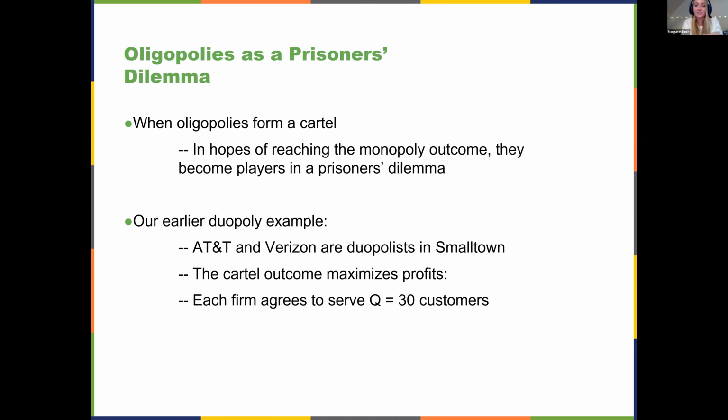So again, to set the stage, when oligopolies form a cartel, or make an agreement amongst themselves to produce a lower quantity and charge a higher price, they hope to reach the monopoly outcome. In other words, they hope to make a really, really high profit if they choose to charge a higher price and produce a lower quantity.